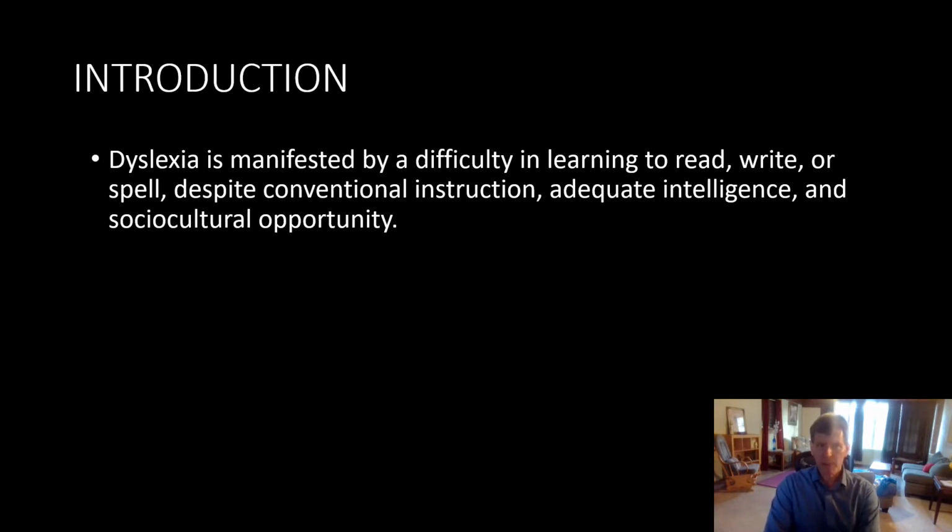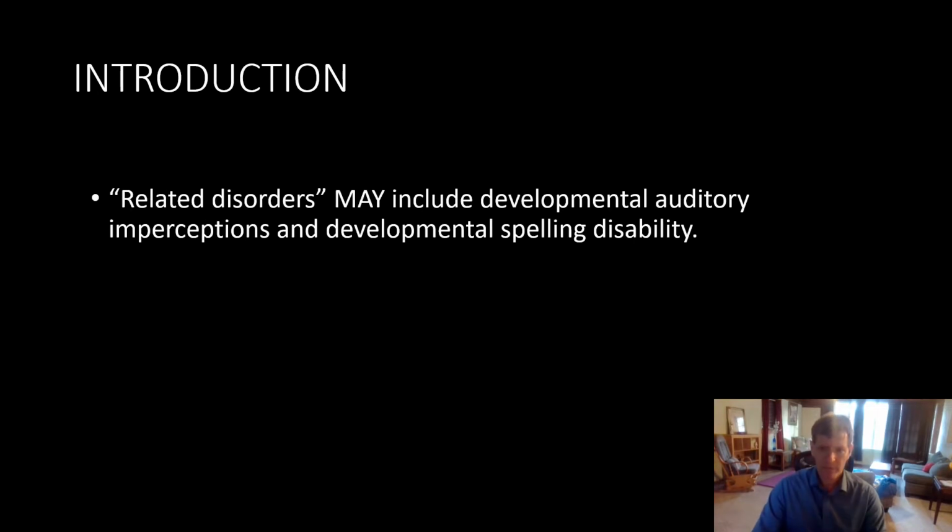Dyslexia is primarily manifested by difficulty in learning to read, write, or spell despite conventional instruction, and dyslexia is not associated with any kind of inadequacy in intelligence or socio-cultural opportunity. There may be some related disorders such as auditory imperceptions and developmental spelling disability.